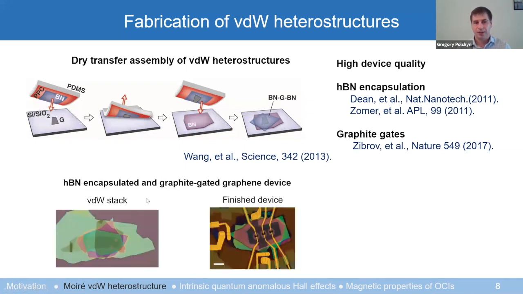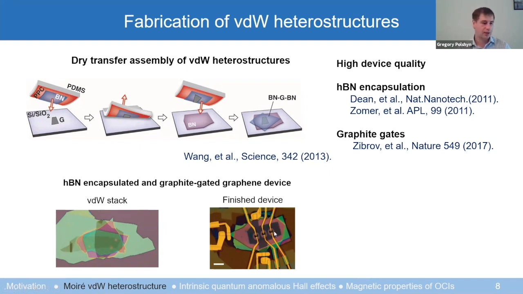Here you can see an example of a van der Waals stack, which is monolayer graphene encapsulated between HBN flakes, sandwiched between two graphite gates. And this is how the stack looks after we finish all our nanofabrication steps. We did some etches and also deposited contacts for transport measurement.